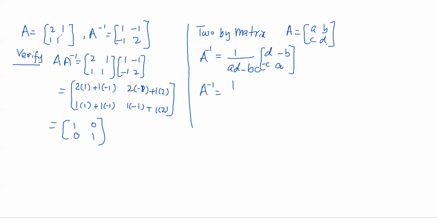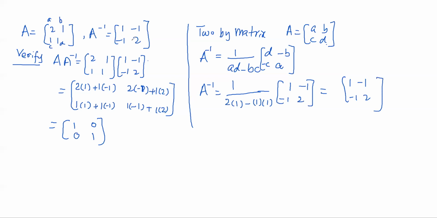This is A, this is D, this is C. So it is 2 into 1 minus 1 into 1, into, now D is 1, and A will be here, and these two values will change sign. So now what we get is 2 minus 1, that is actually 1. So what we get is 1 minus 1 minus 1, 2, which is the same as this, okay?